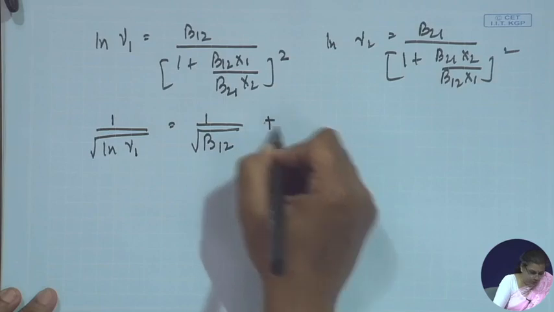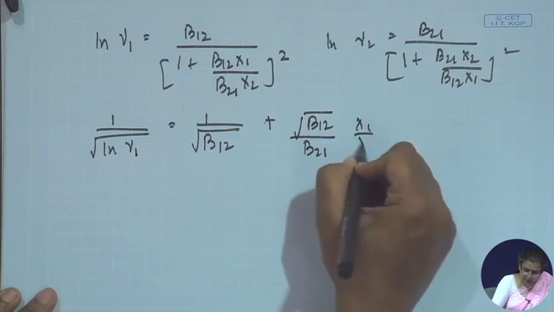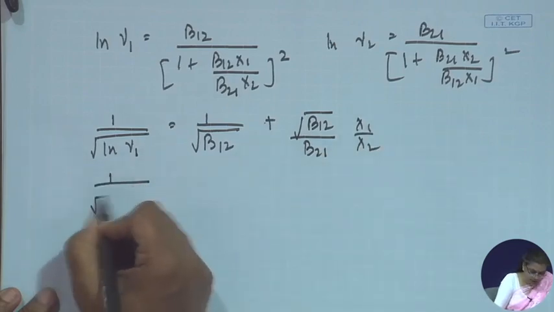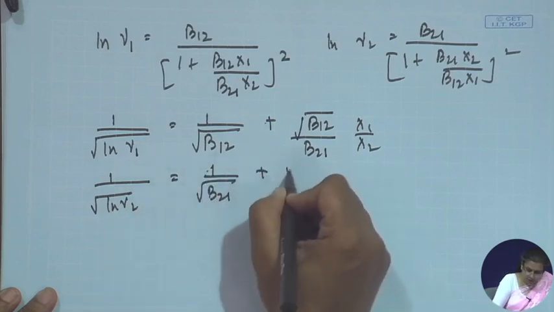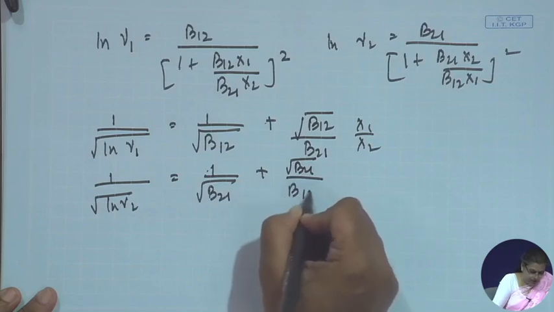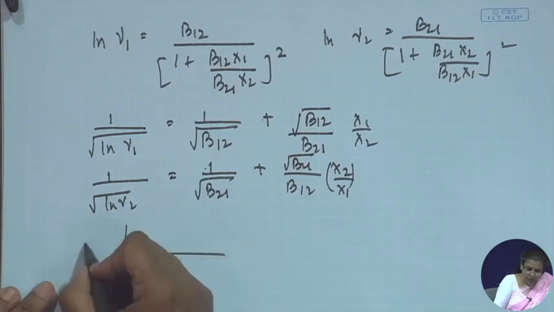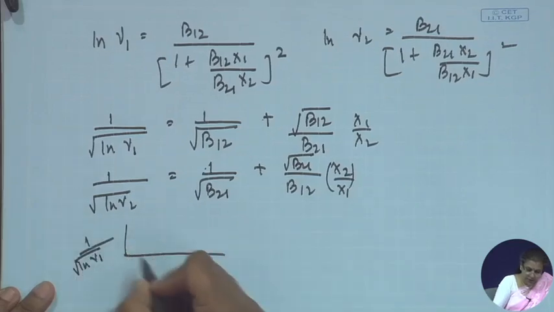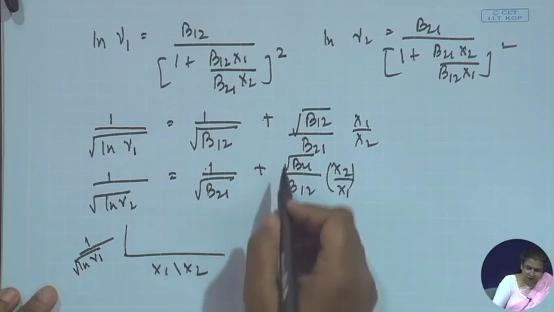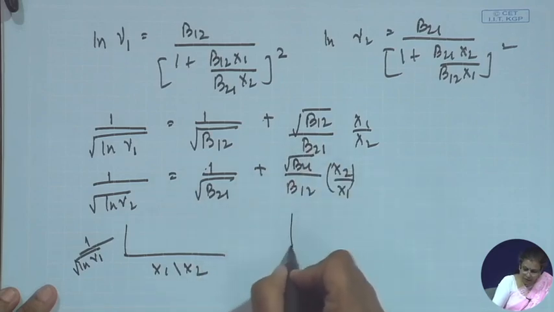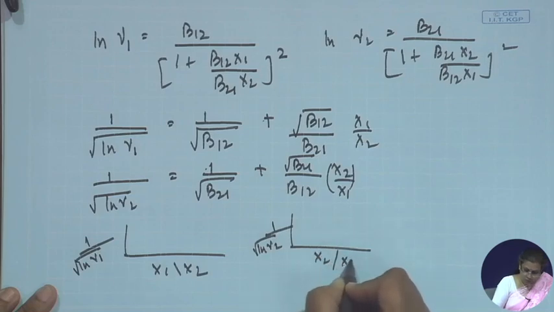Check if you can do it in this form: 1 by root ln gamma 1 equals 1 by root B12 plus root B21 by B12 x1 by x2, and in the same way 1 by root ln gamma 2 equals 1 by root B21 plus root B12 by B21 x2 by x1. So we can plot 1 by root ln gamma 1 as a function of x1 by x2, and from the slope and the intercept we can find the constants. Similarly, we can plot 1 by root ln gamma 2 as a function of x2 by x1.